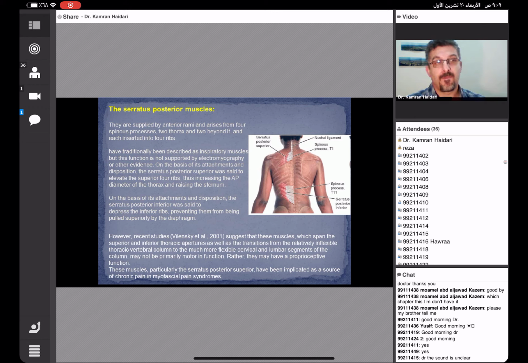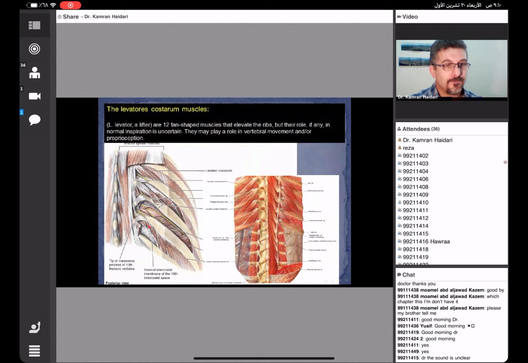They are active in both conditions, but subjacent muscles like serratus posterior inferior, serratus posterior superior, scalene muscles, and the abdominal muscles determine the direction of movement of the ribs. Alright.